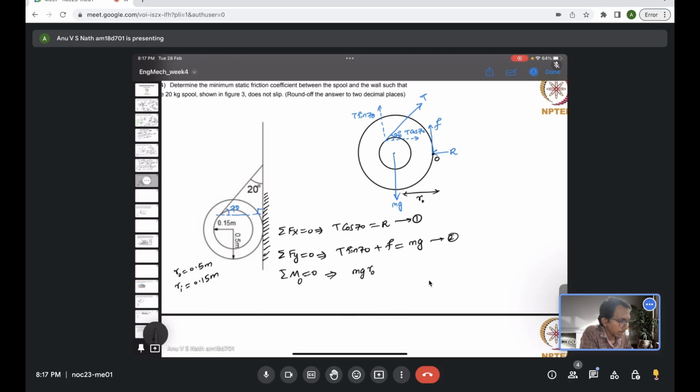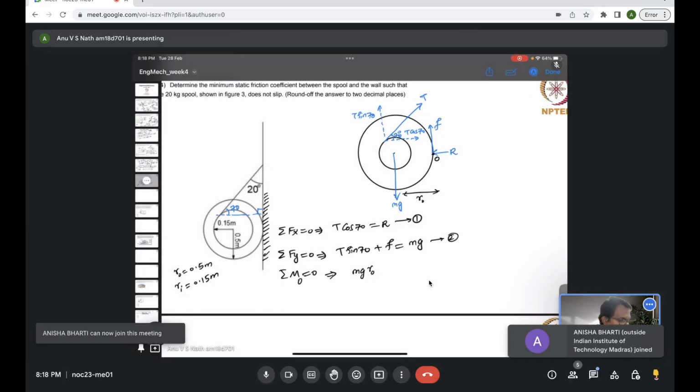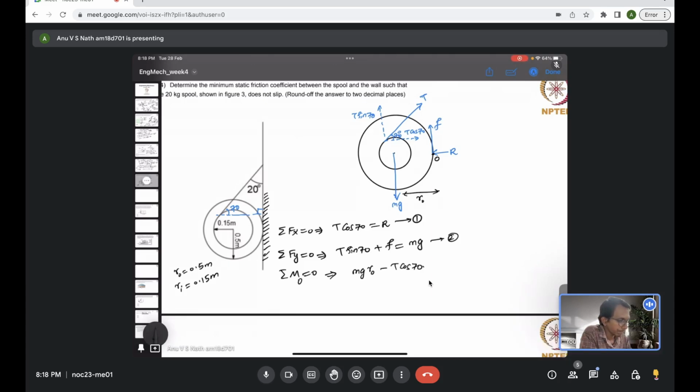Now T cos 70 and T sin 70 both are creating clockwise moment. So let us first write T cos 70, which is creating a clockwise moment.